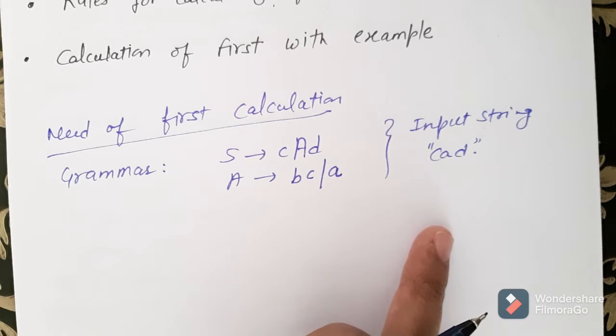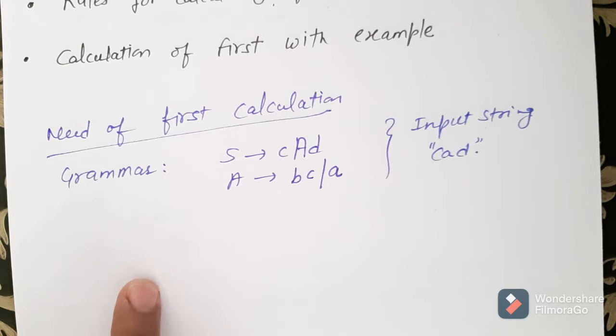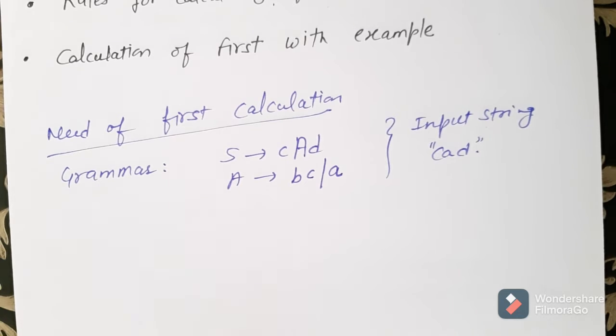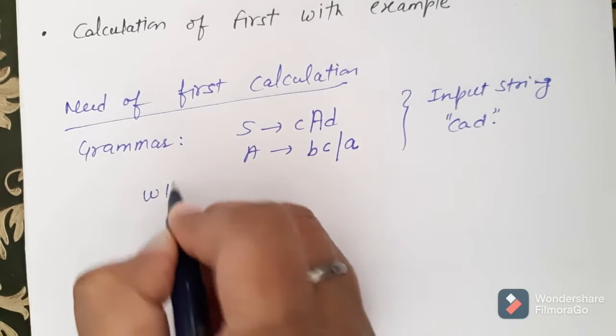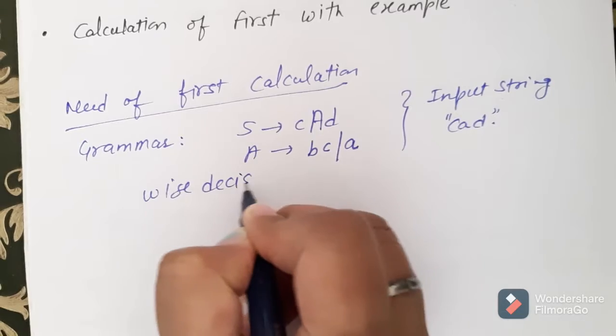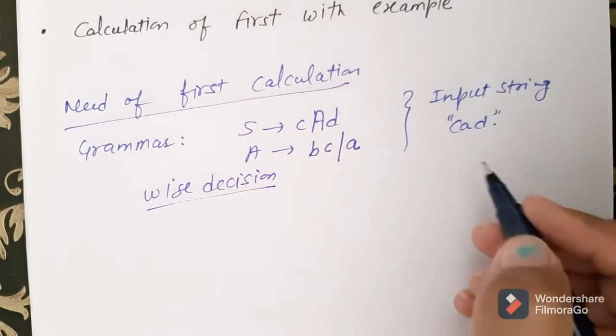Now the parser has to make the wise decision about which production to be taken by the parser. So this will be the decision of the parser, and here I am using the word wise decision. Now start.